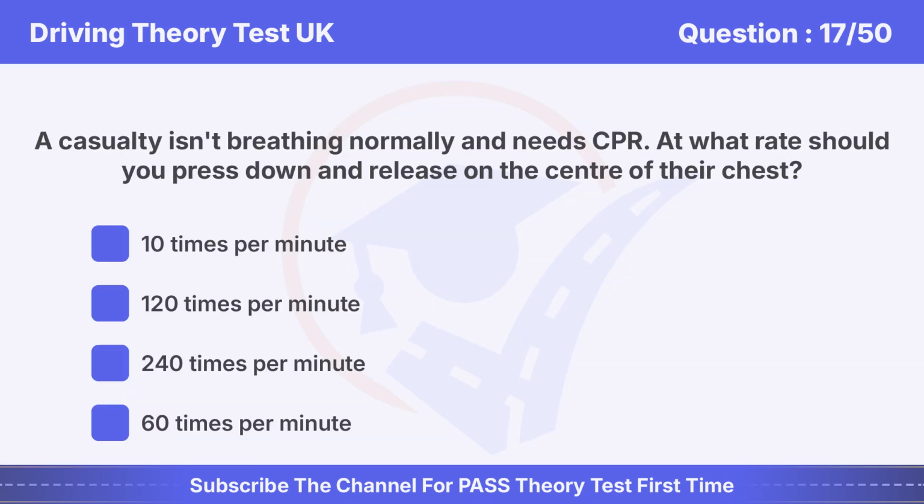Question 17. A casualty isn't breathing normally and needs CPR. At what rate should you press down and release on the center of their chest? Answer is B, 120 times per minute.